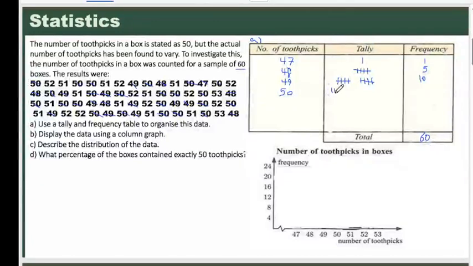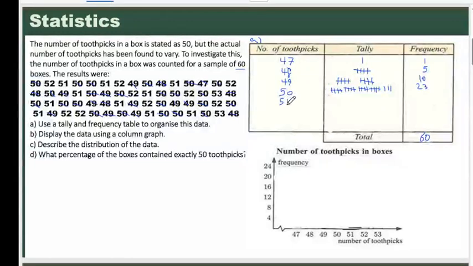So that is three groups of 5 and one group of 3, so 23 is my frequency.